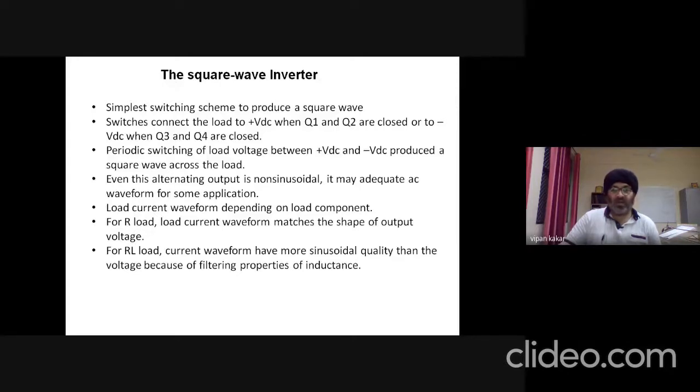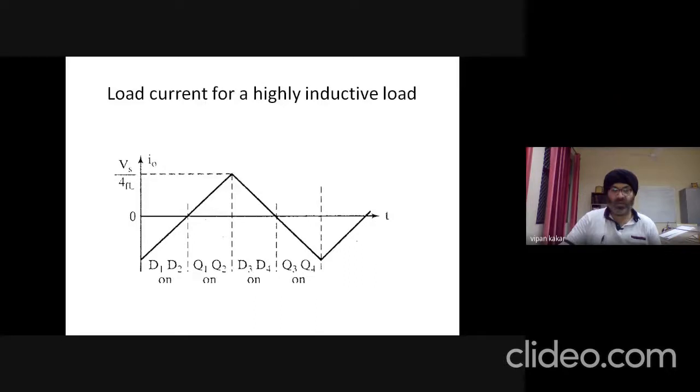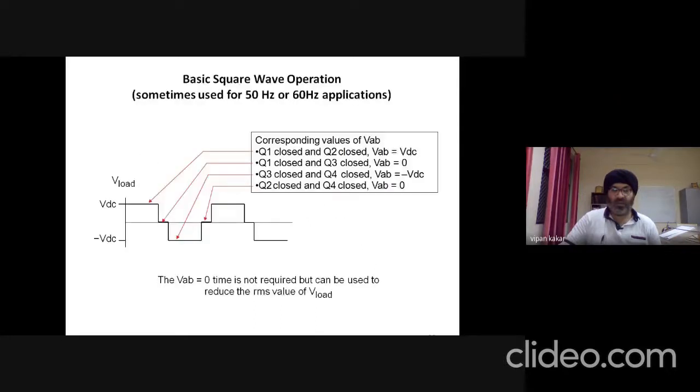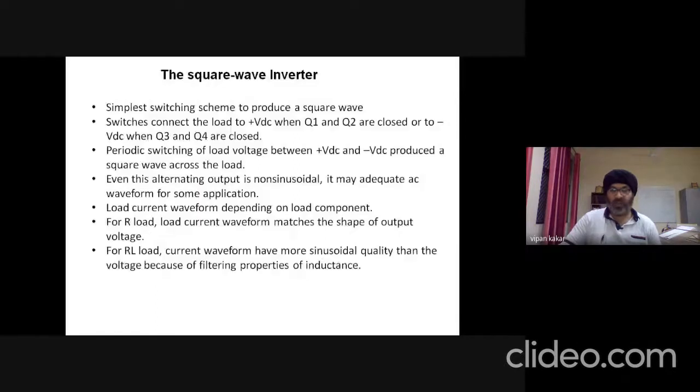So this alternating output is non-sinusoidal. We've seen that it is a square wave, not pure sinusoidal, but it is alternating between positive and negative. Positive half cycle, as we saw from here. So this is a positive half cycle, this is the negative half cycle. But still, in some applications, this square wave alternating AC signal can be used.